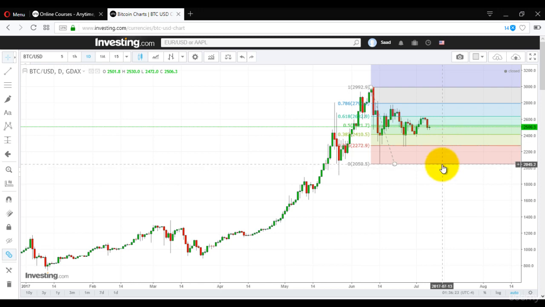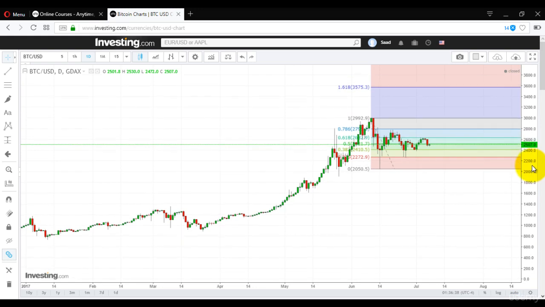or here 2045. But I would take this red line as an important support level. And then once it starts to rise, this is the first important level of 2784, and then after 3000 it's 3575. That's approximately 20-25% higher.